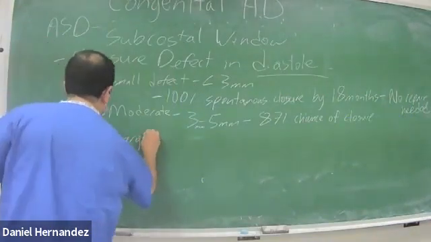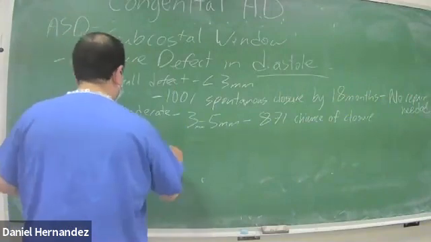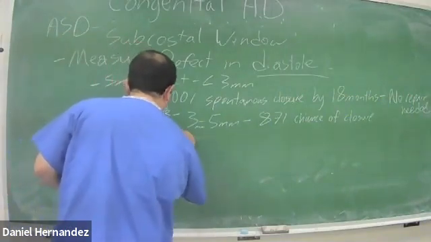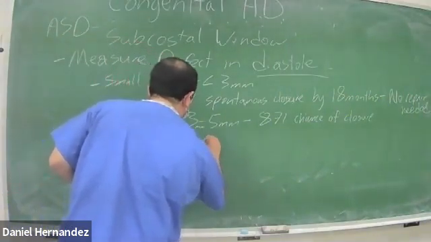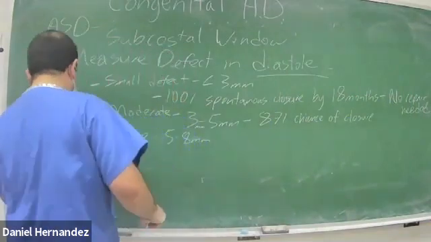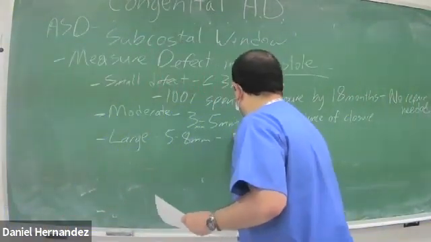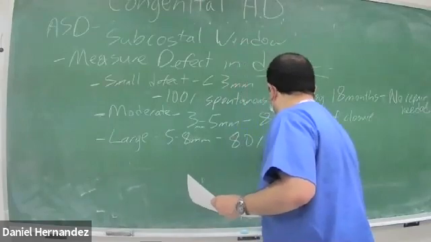Large: 5 to 8 millimeters. These actually have an 80% chance of closure.